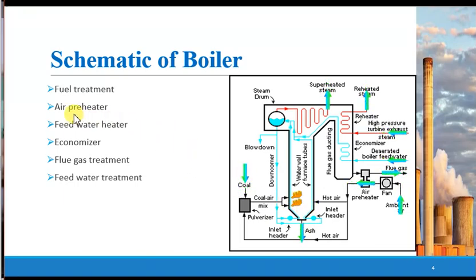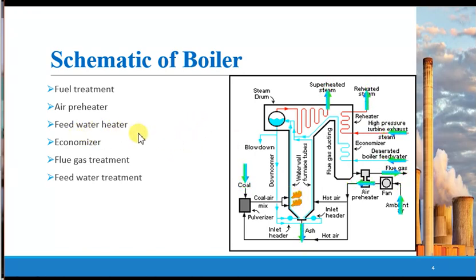Then we will discuss the air preheater. The air goes inside, so it must be treated before entering this chamber to increase the efficiency of this boiler. So this will be discussed in detail.